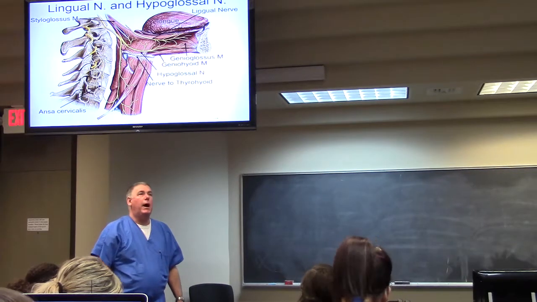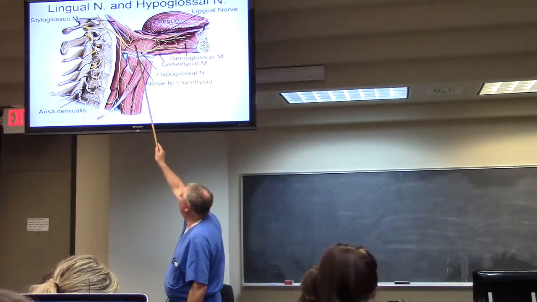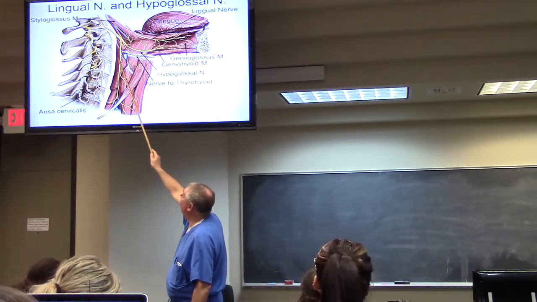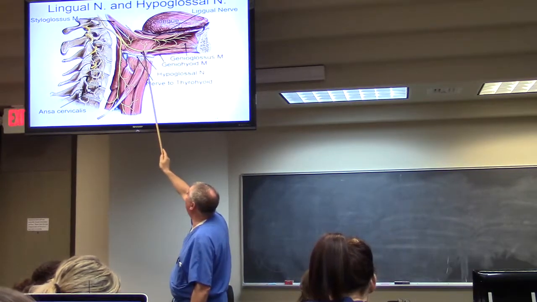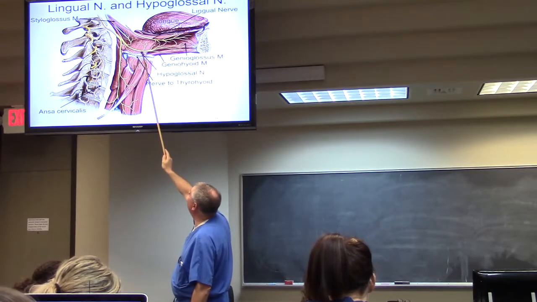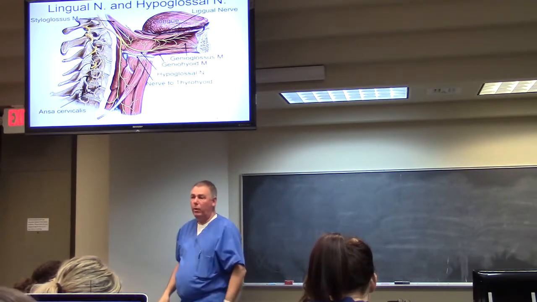Here are the lingual and hypoglossal nerves. There's the hypoglossal nerve with its ansa coming off of it as it enters the back of the oral cavity. The lingual nerve is up here, deep in the floor of the oral cavity.